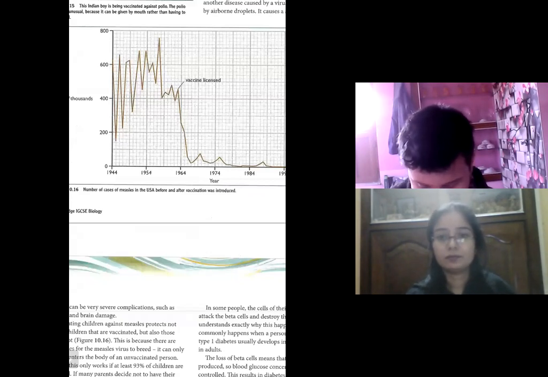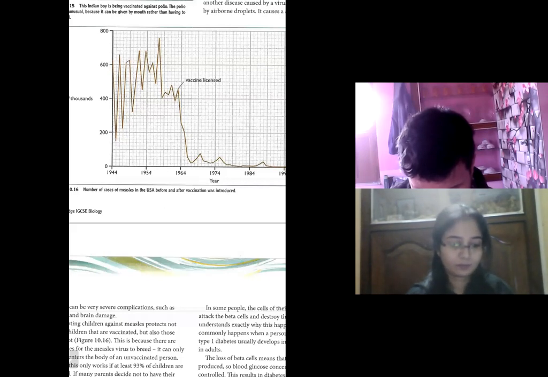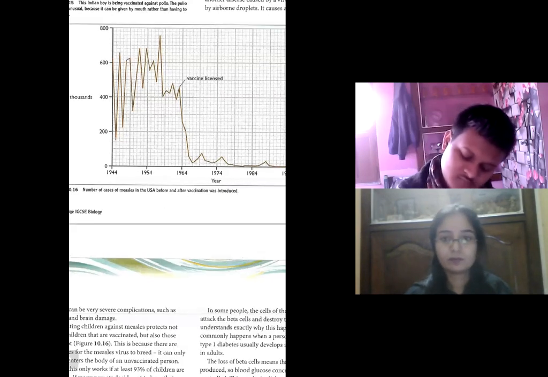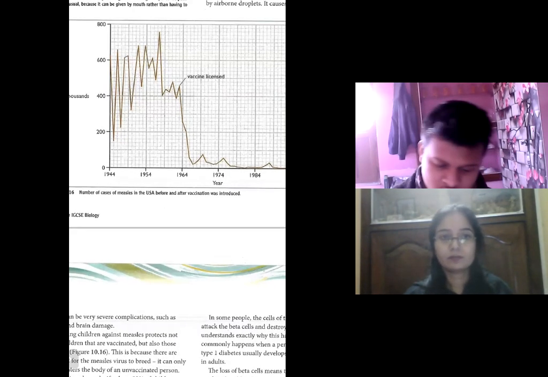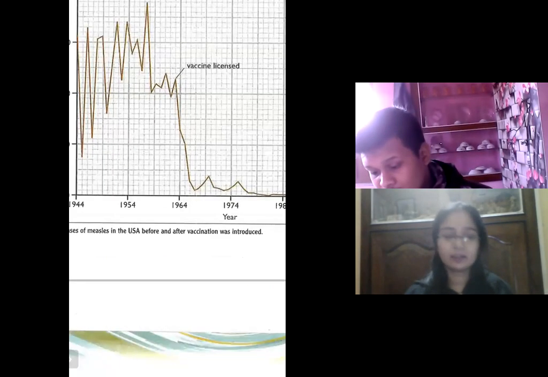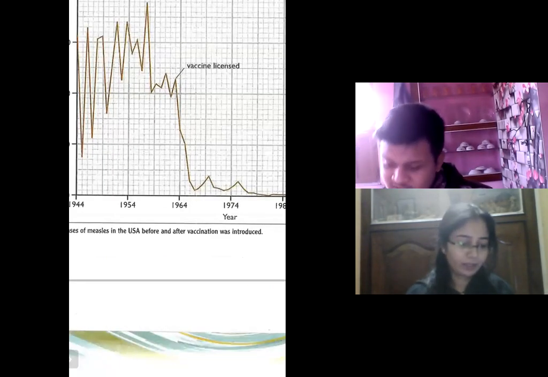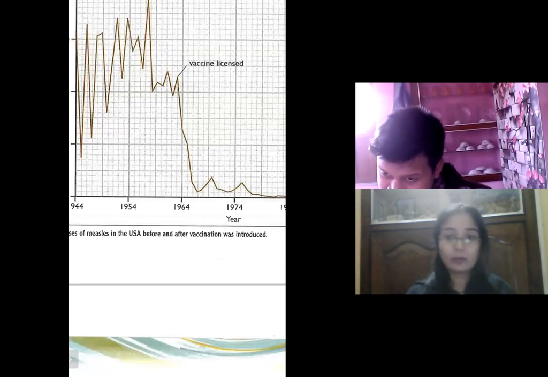The number of measles cases started decreasing instantly from 460 cases in 1963 to 260 cases in 1964, and after that it became zero in 1994, which means within 30 years of introduction of vaccination, the whole population was completely immunized against the disease.